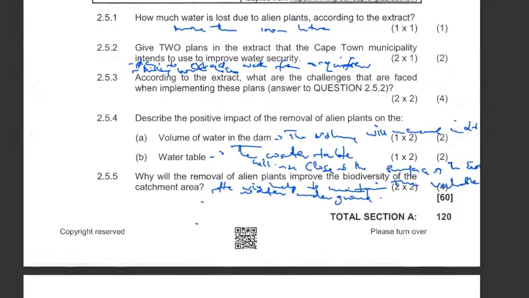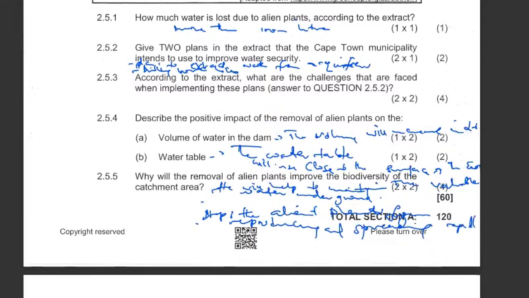We can also give the second reason as it helps to stop the alien plants from reproducing and spreading rapidly into space.